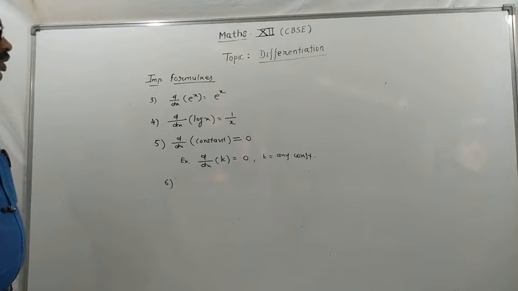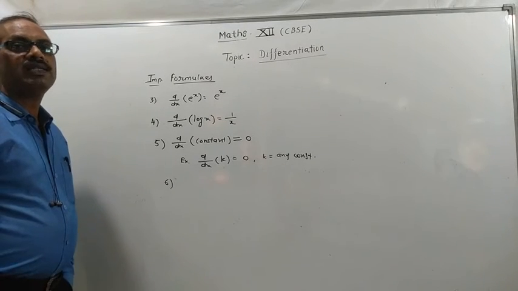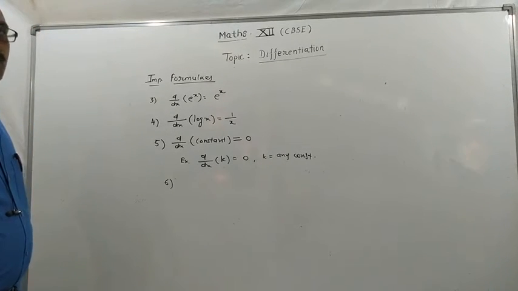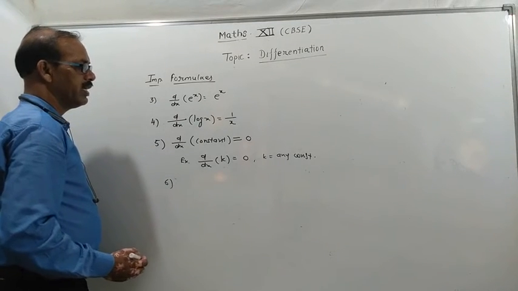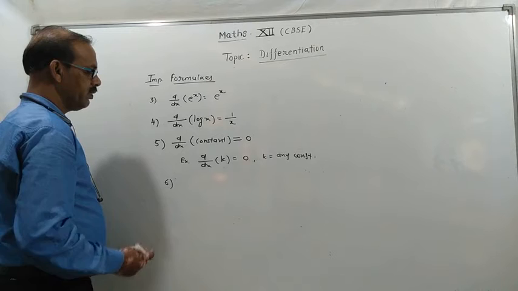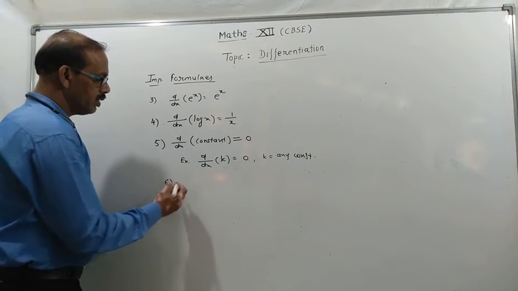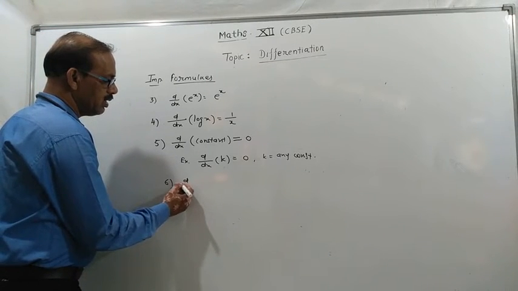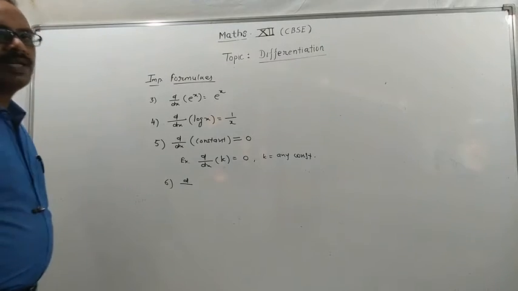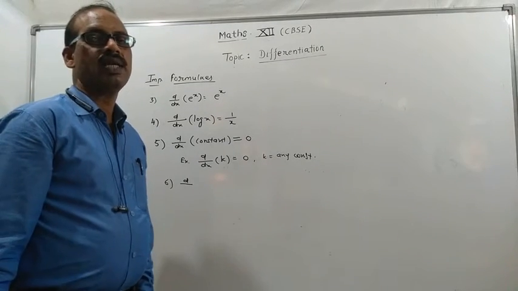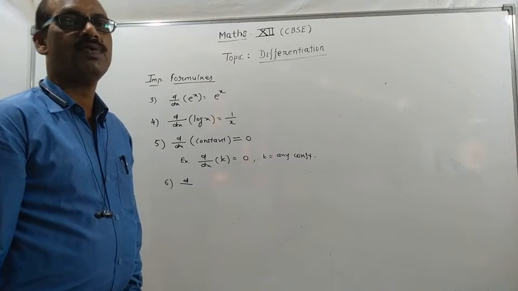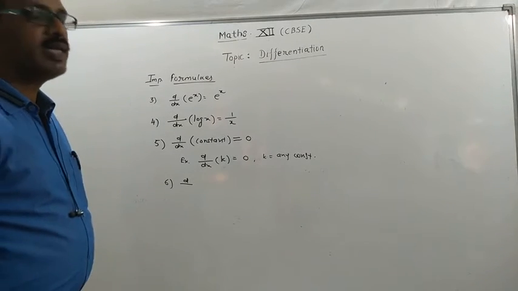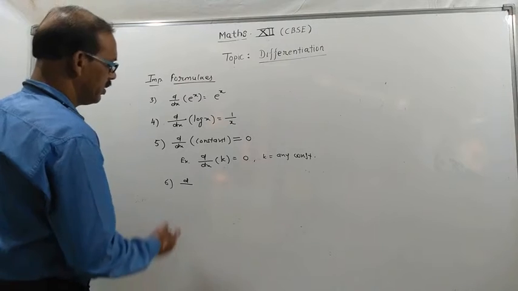Now, next one. Suppose we have to find the derivative of some trigonometric function. In this case, you know about the trigonometric ratios. There are 6 trigonometric ratios: sin, cos, tan, cot, sec, cosec. It is possible to take out the derivative of all the 6 trigonometric ratios, so we discuss them one by one.